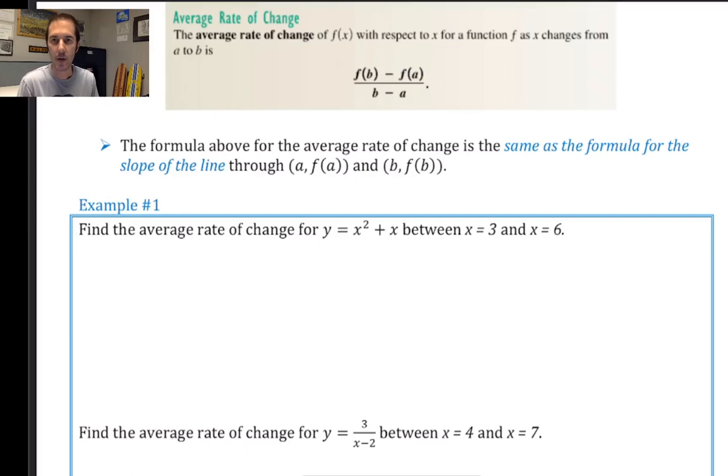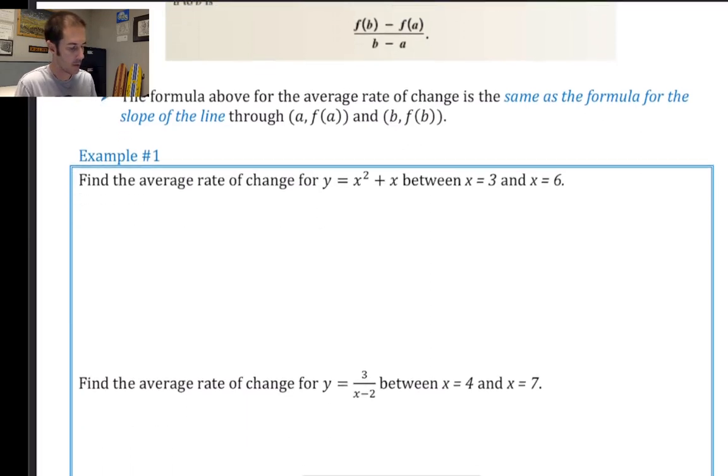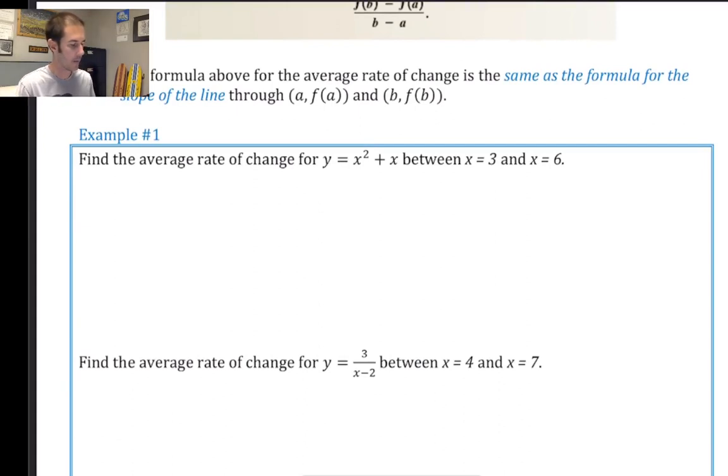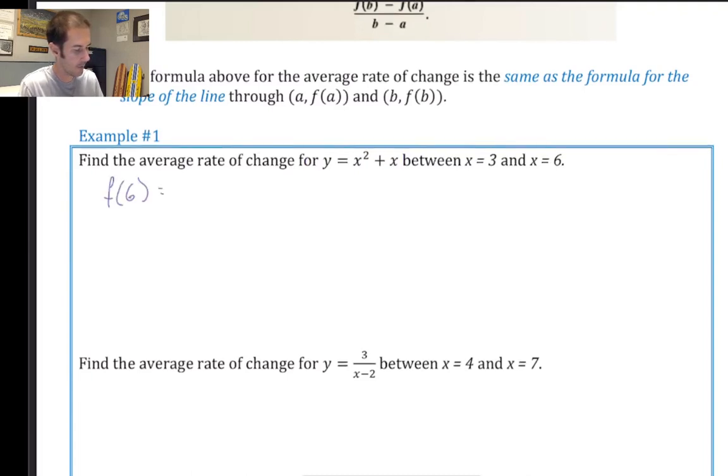And just in the way of practice, let's do one of these problems, because then we're going to adjust it a little bit when we start really applying it to the difference quotient and bringing limits into the mix. So the average rate of change for this first function between x values of 3 and 6 can be calculated by first finding f of 6 or f of 3, but I'm going to do f of 6 first.